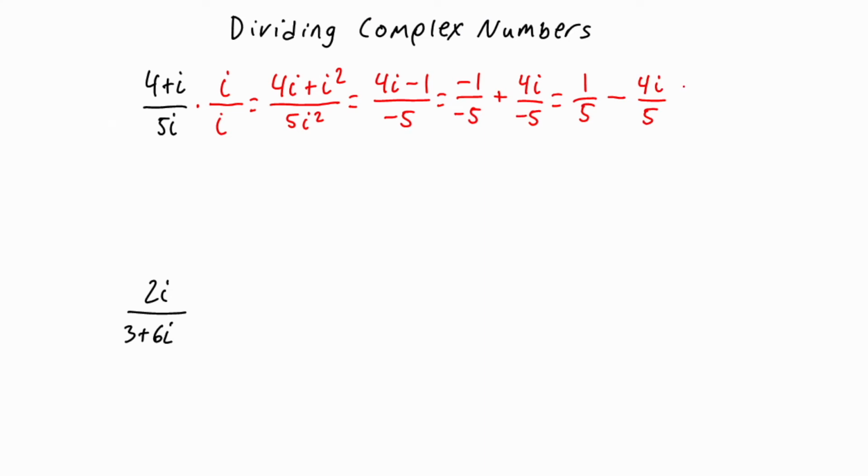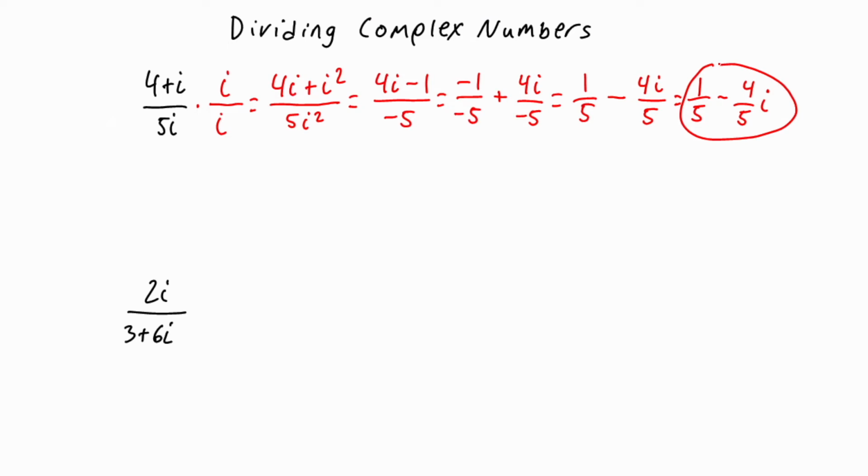And even more specific, to be in a plus bi form would be 1/5 minus 4/5 i, because a is 1/5 and b is negative 4/5. And so this is your answer.